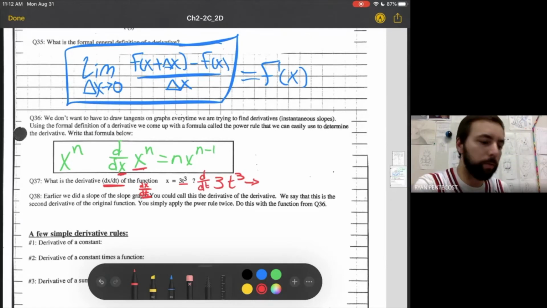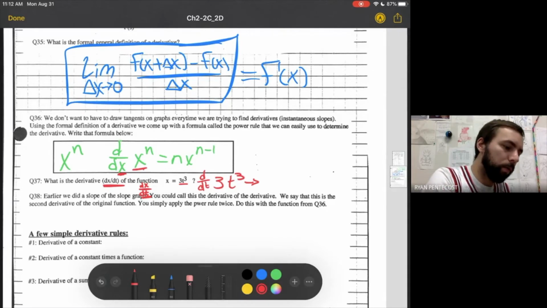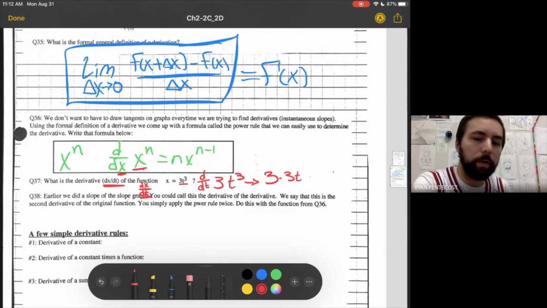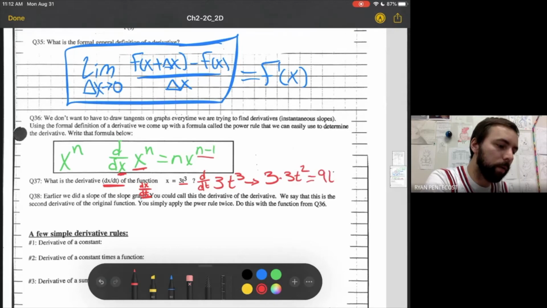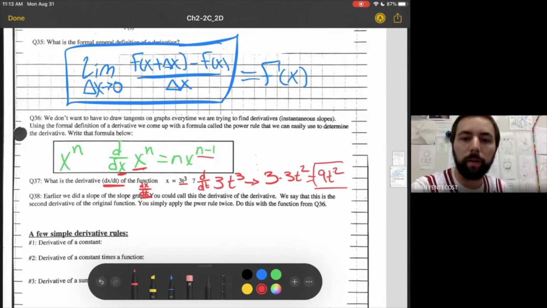what we will do is we bring that exponent down. So you have 3 times 3t, and then you have to reduce your exponent by 1. So 3 minus 1 would be 2. This would give you 9t squared. That is how you can take the derivative of an individual variable.